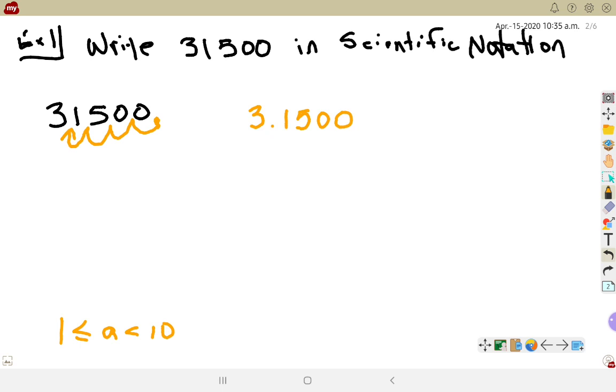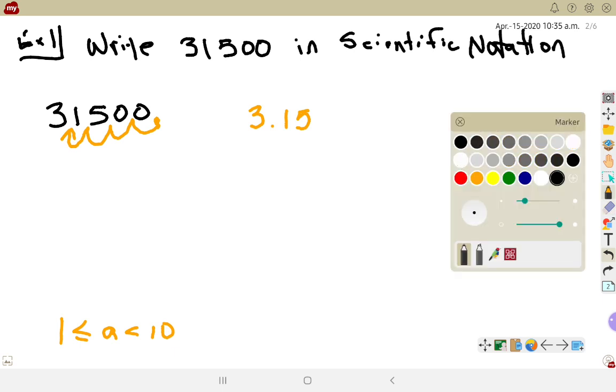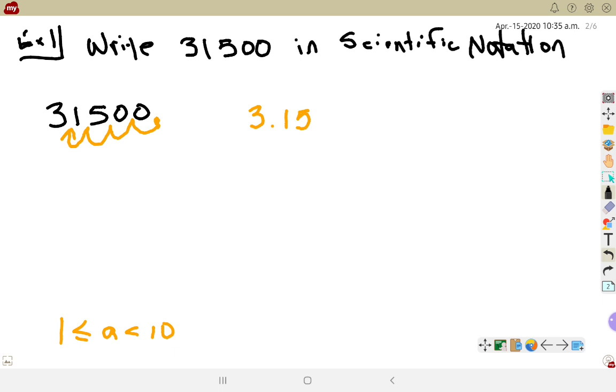Hopefully you remember when you're writing a decimal, those extra zeros on the end don't actually do anything. So we're going to get rid of those. That's how we simplify these numbers so we're not writing as many digits, especially when we get to something with, like, 27 digits or something like that. So I've got 3.15. But this doesn't work because now this is a totally different number than what I had. This is supposed to be 31,500.